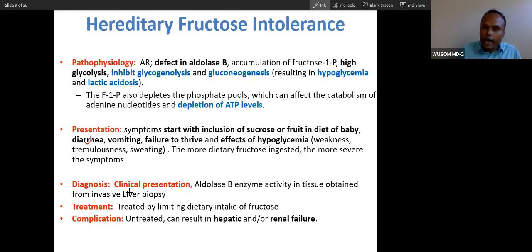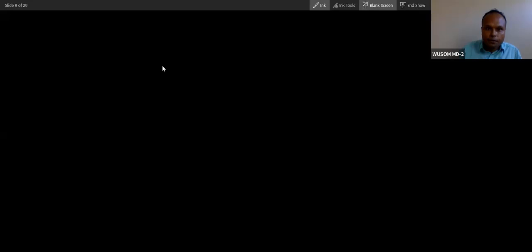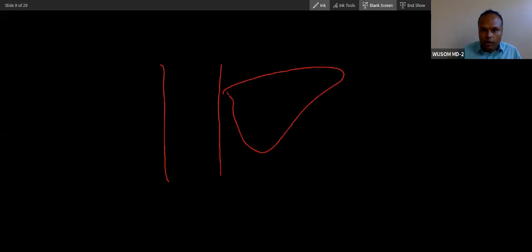Here, diarrhea. Why diarrhea? Because fructose is digested but not metabolized. Something you take in your diet goes through the intestine, and your liver is there, and here is the connection. Through blood, it is absorbed in the liver. So something you take, galactose, fructose is there.